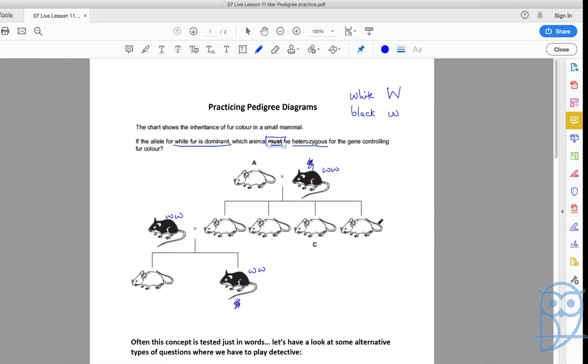Okay, so what else do we know about these mousies? We know that all these white ones are capital W. We don't know what that second allele is, because it could be, remember, capital W, homozygous dominant, or it could be capital W, little w, heterozygous.